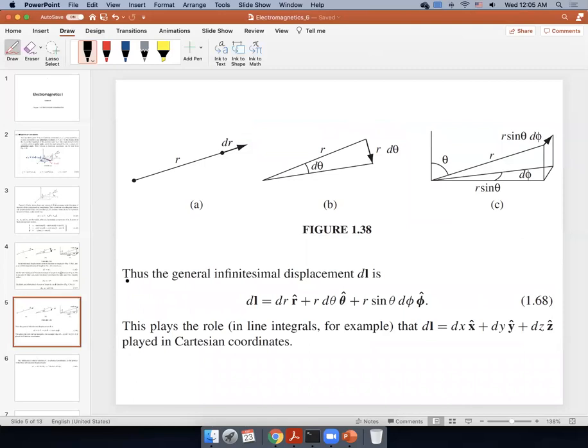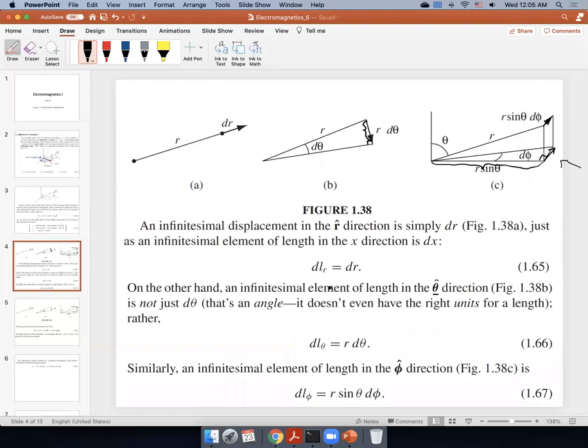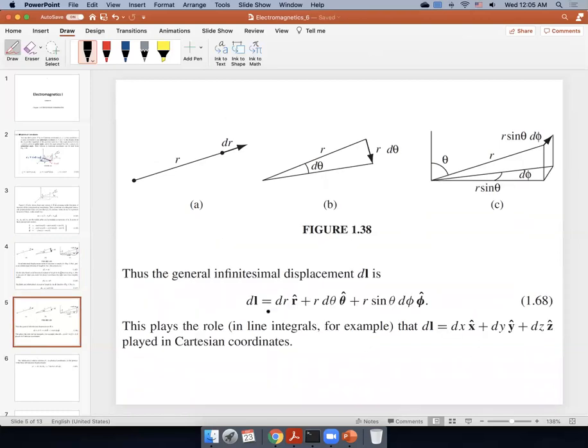And then the general infinitesimal displacement dL, where L is a vector, equals the displacement in the r direction plus the theta direction plus the phi direction. And the magnitudes have been defined, or derived, here. So you can see this is the displacement dL.